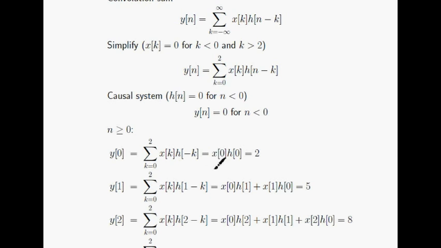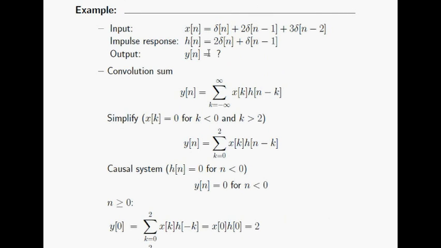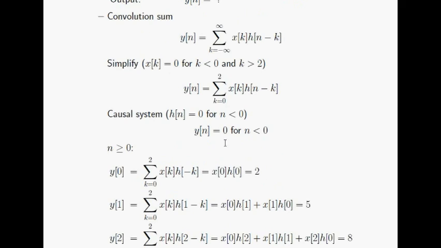So if I put 0 here, then it will become x[0] into h[0], and with this function, x[0] is equal to 1 and h[0] is equal to 2, so the multiplication is 2.